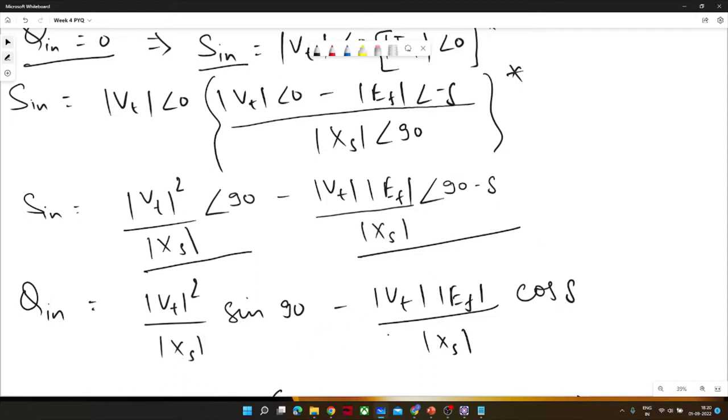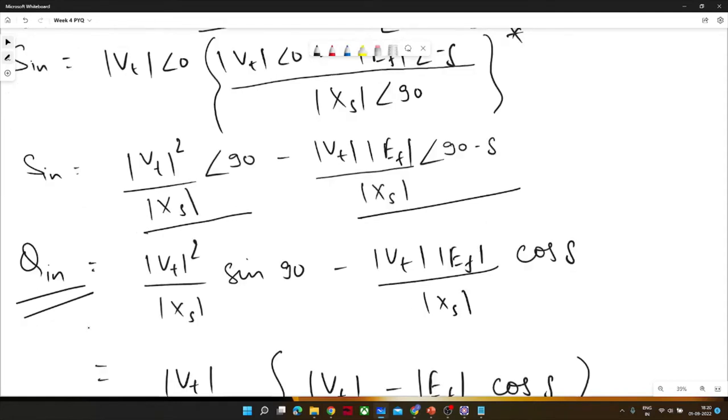So this would be the expression of input reactive power to the motor. You can derive these two formulae, either input or developed reactive power, or input or developed real power. We can derive anything, we just need to know the voltage or the current at that stage.